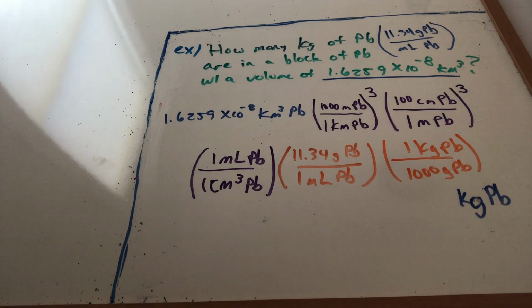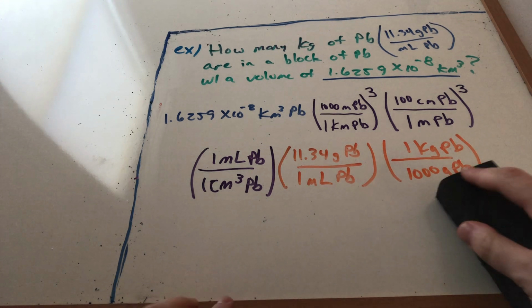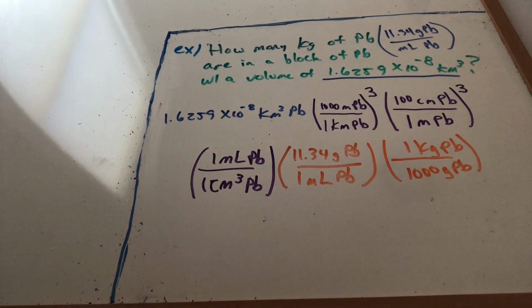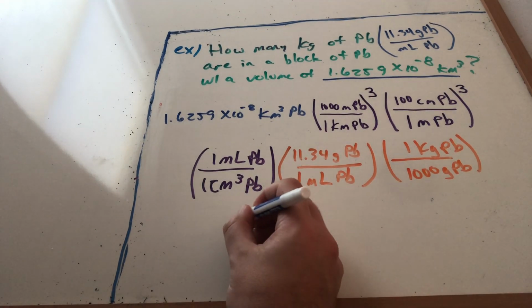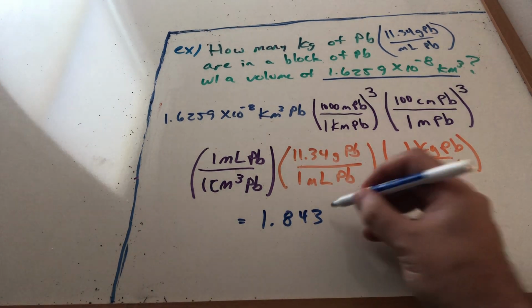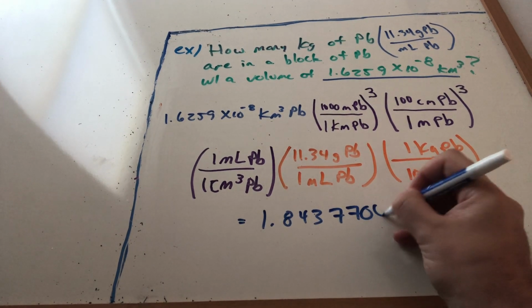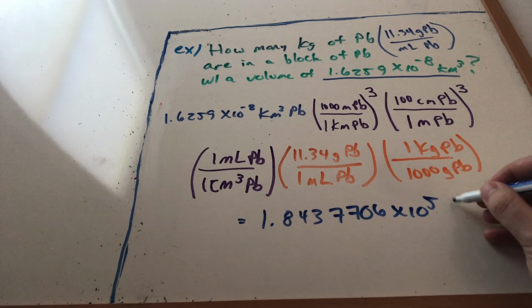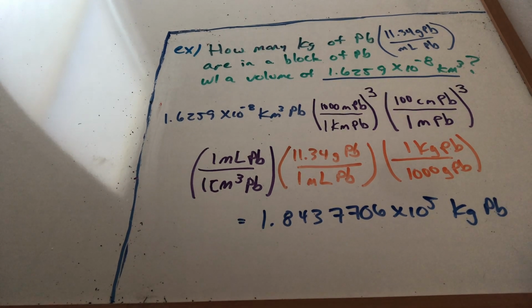With that simple thought process, just doing the same steps over and over again, the same checks, the same narrative in your head, we can now plug this into our calculator. And what we get out is this number, 1.84377706 times 10 to the 5th kilograms of lead.